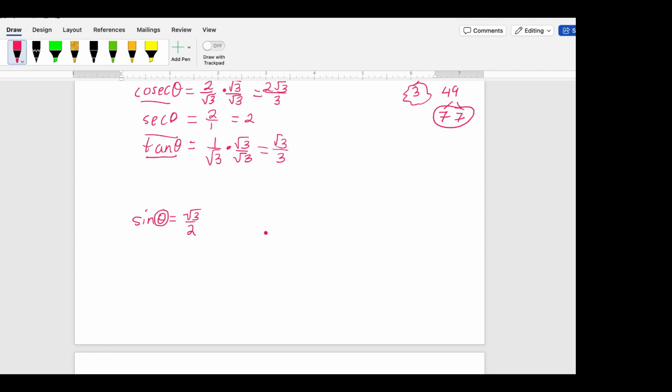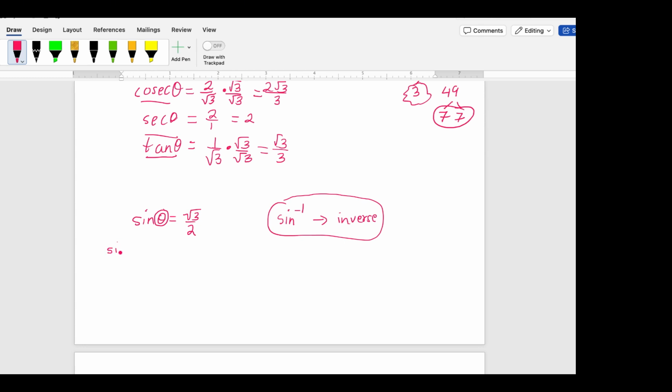For sine, we use the word sine to the power of -1, which is called inverse. Sine inverse. Inverse of sine. Okay, so we're going to add sine inverse to both sides in this function.